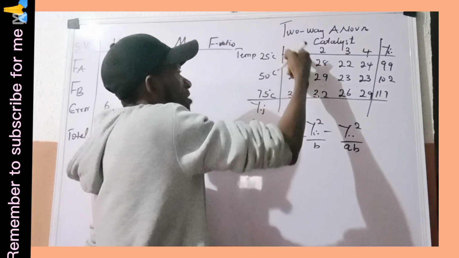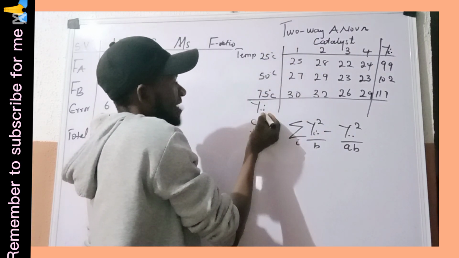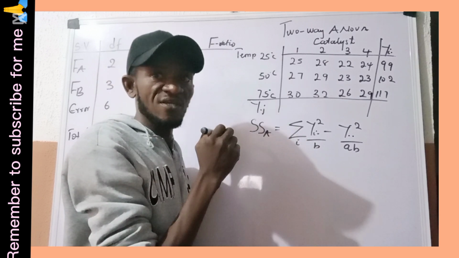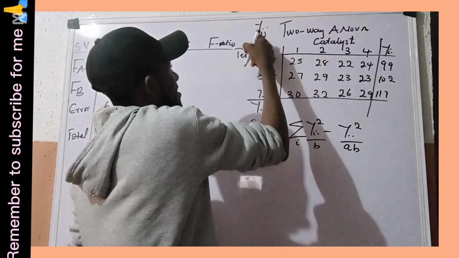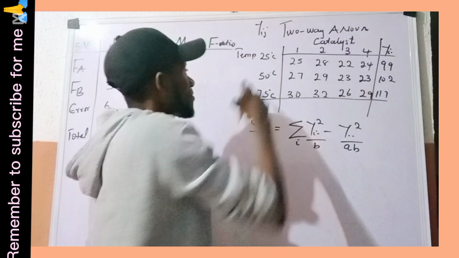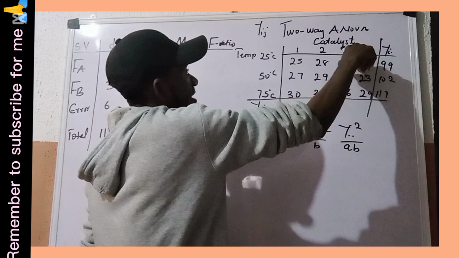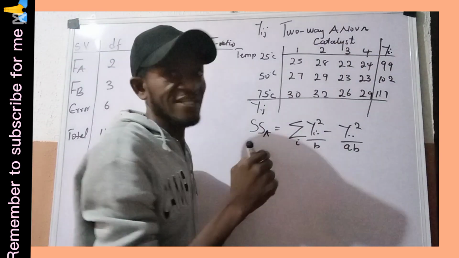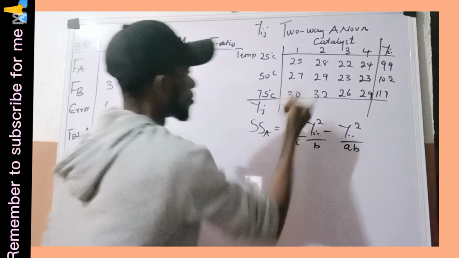When I sum these observations, it is over the thing that is changing, and that's why I'm using dots to represent it. Because if I write Yij, this i stands for the first factor, temperature, and this j stands for the second factor, called catalyst.